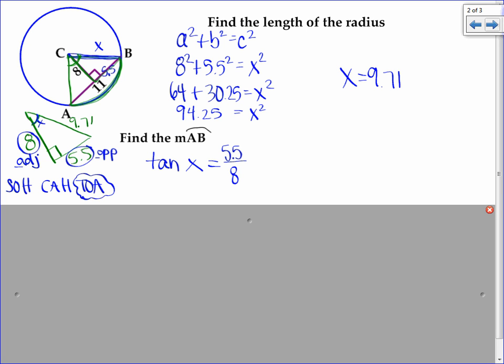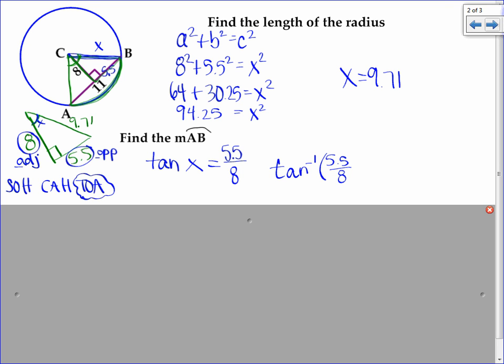But in this situation where we're missing the angle, does anyone remember what different step we have to do on the calculator? Tangent -1. Remember those inverse tangent, inverse cosine, inverse sine? So what you're going to put in the calculator is tan -1, 5.5 divided by 8, and it's going to give us our angle measure.